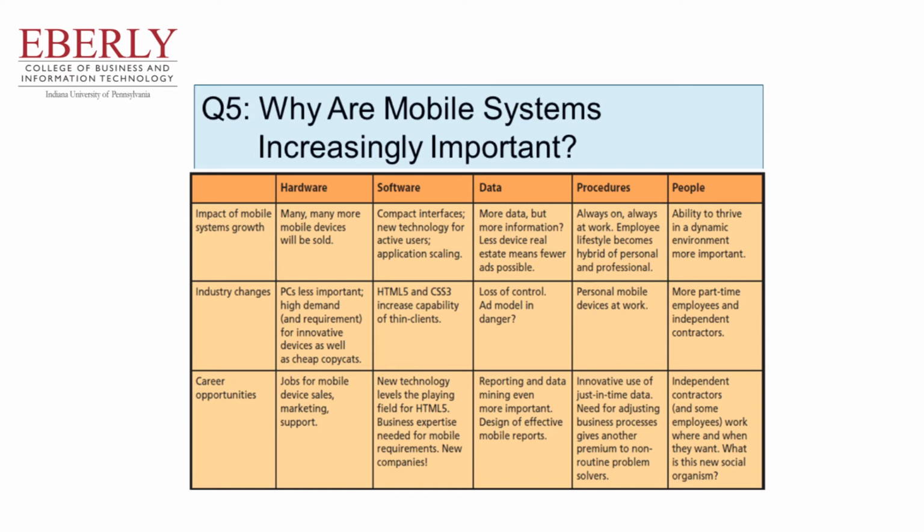Also, mobile systems increase the risk of organizations losing control over their data. Employees are using their own mobile devices. They are no longer using organization computer equipment. Data leakage is inevitable.